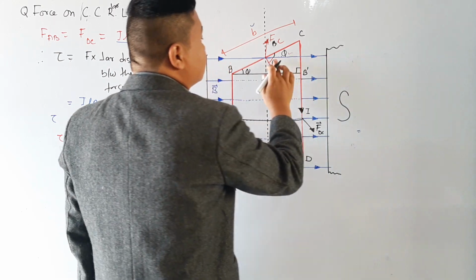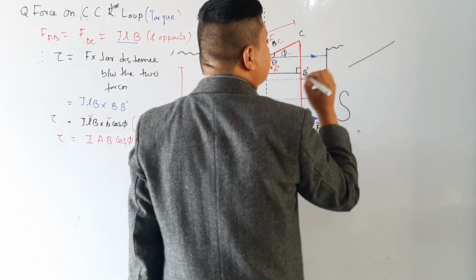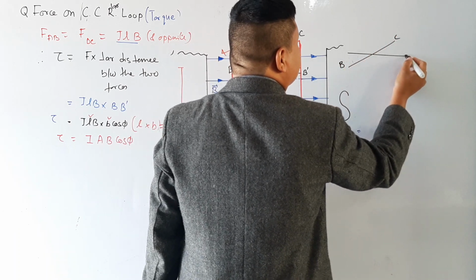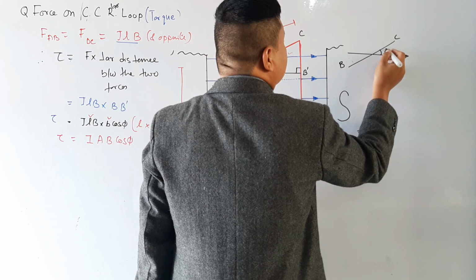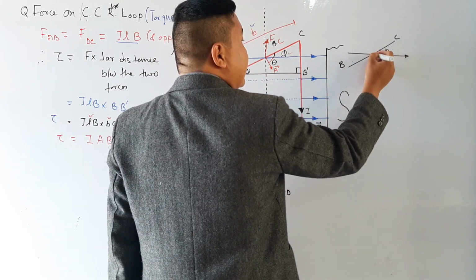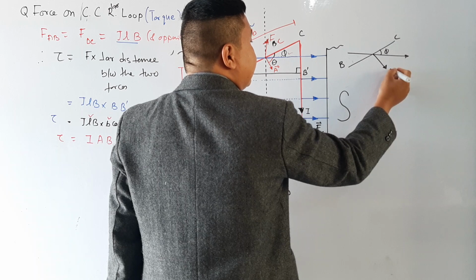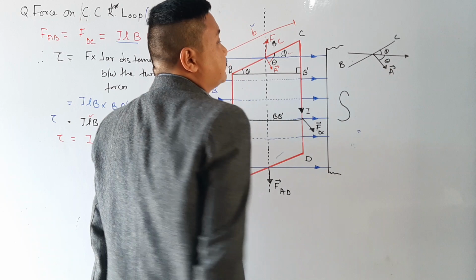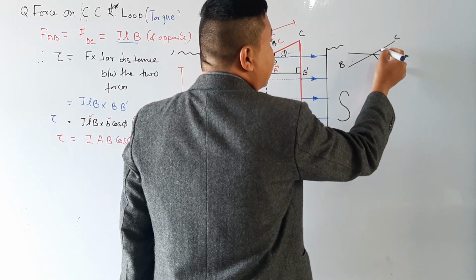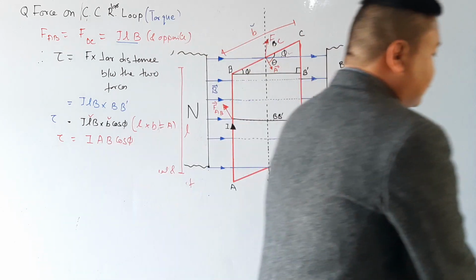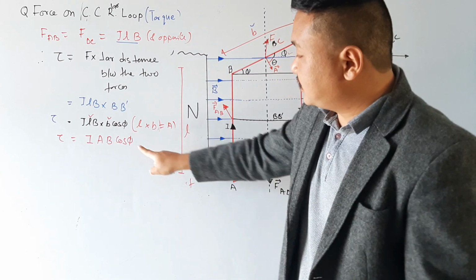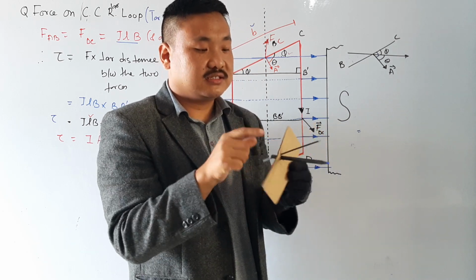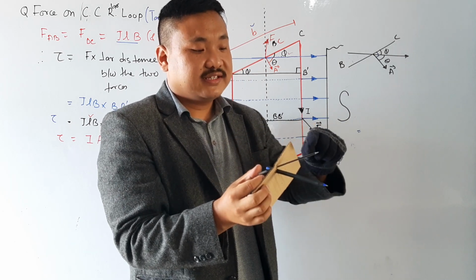Now if you see here, if it is like this, and this is my BC, and this is my magnetic field, and this is my phi. Now from this I have drawn a perpendicular area vector with the angle theta. How much is this angle? This angle is 90 degree, isn't it? Because I want to change this cos phi. This is the area vector and this is the magnetic field.